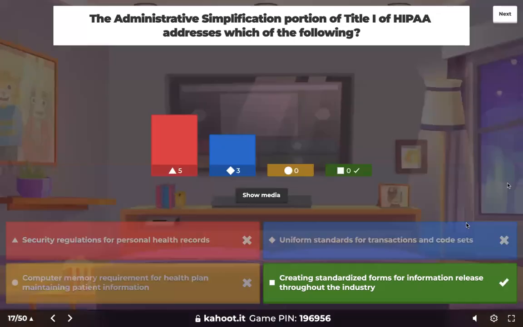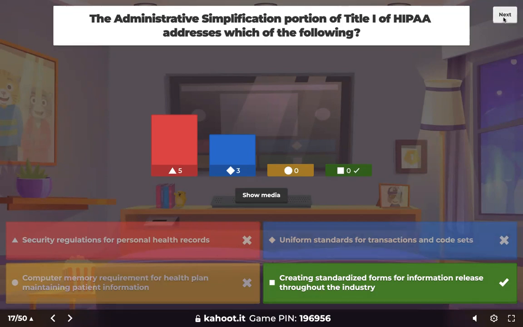About 20 seconds left. All right, so the correct answer here is creating standardized forms for information release throughout the industry. So no one got that one right. So definitely make sure that if you haven't heard of that before or read through that, that you just take a gander at it, okay?